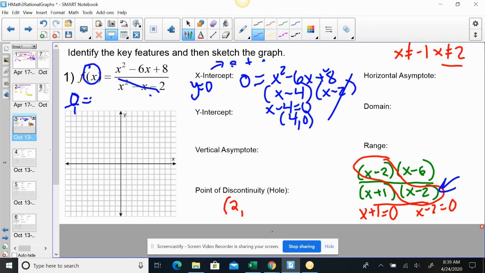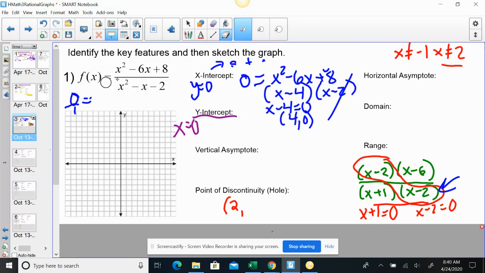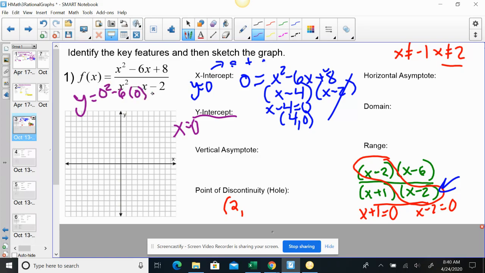All right, similarly, y-intercept means that x is 0. So if I go over here and I want to solve for y, when x is 0, I'm going to have y equals 0 squared minus 6 times 0 plus 8.